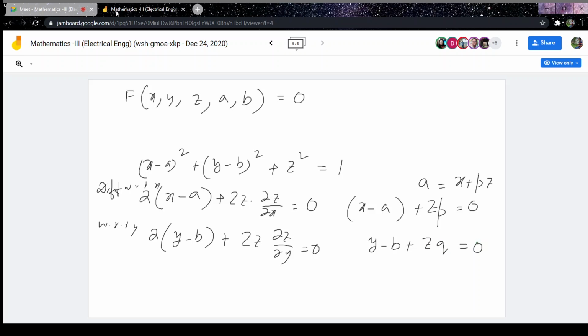So your b will be y + zq. So I will substitute this a and b in the given equation. Then that means the equation will be eliminated of a and b.